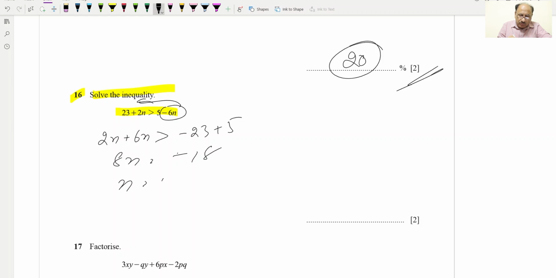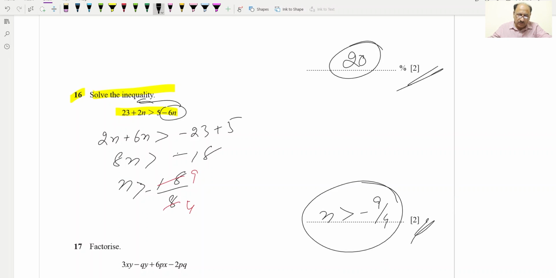So 8n is greater than minus 18, so n is greater than minus 18 over 8. We can cancel by 2, so it will be minus 9 over 4. This will be the answer for 2 marks.